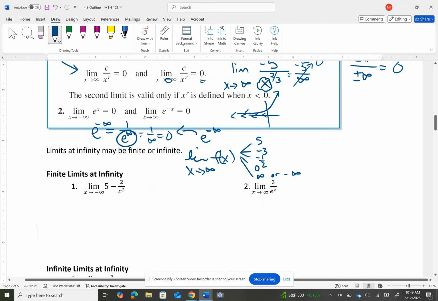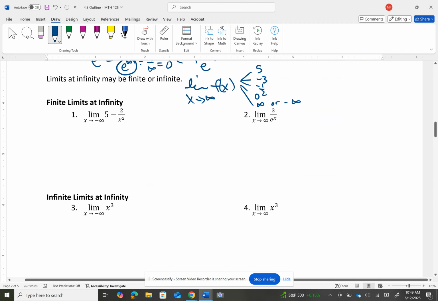So here we're looking at finite limits, getting an answer that's just a number, or as x goes towards an infinity, getting an answer that's also an infinity.